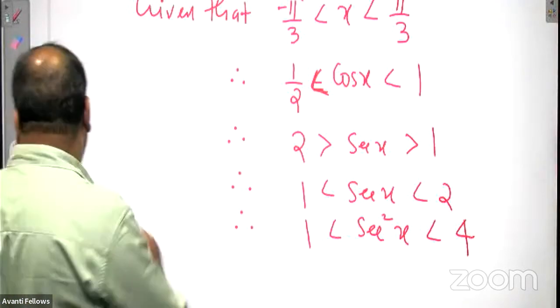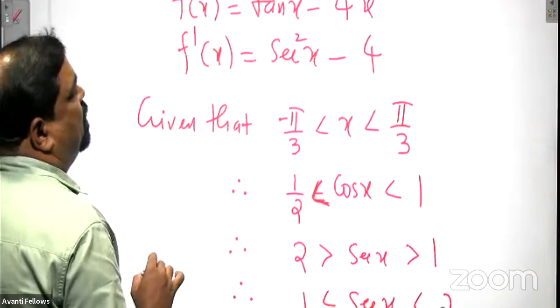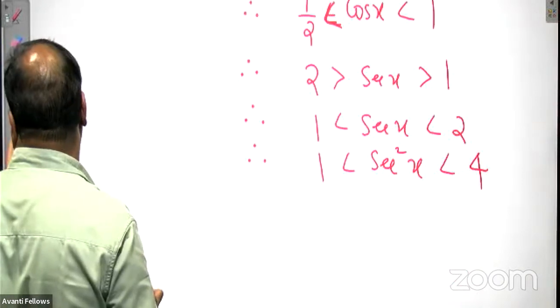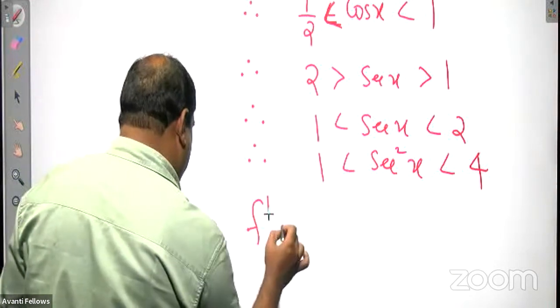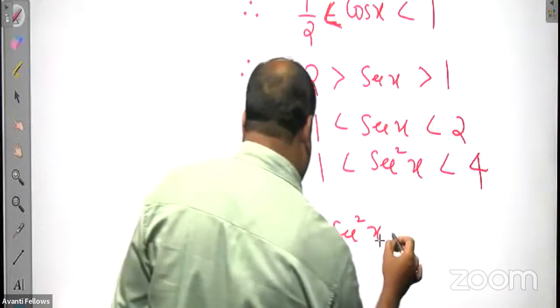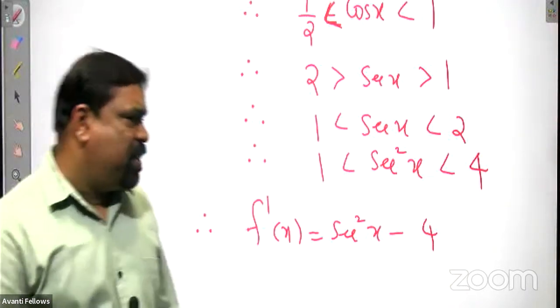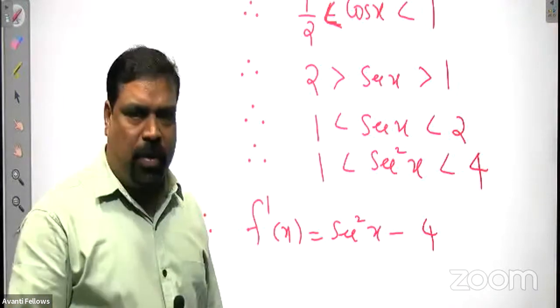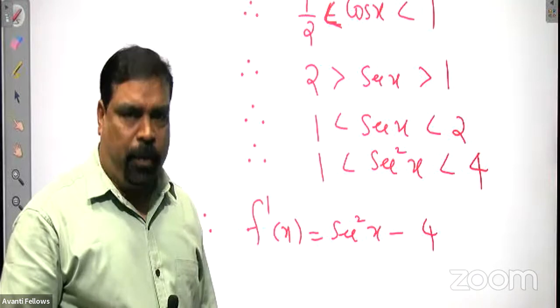So what about our derivative now? What is the derivative actually? f dash x is sec square x minus 4. Now let us see this derivative. And sec square x is a value less than 4.